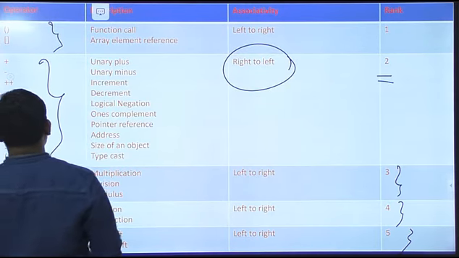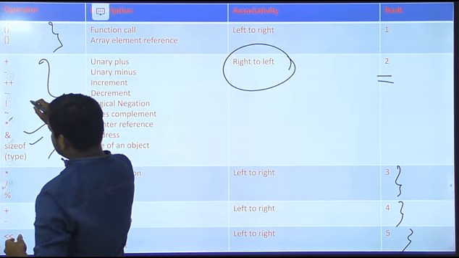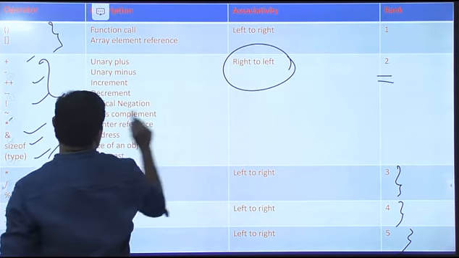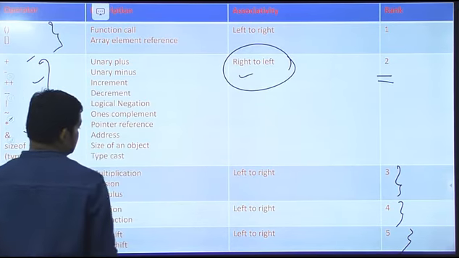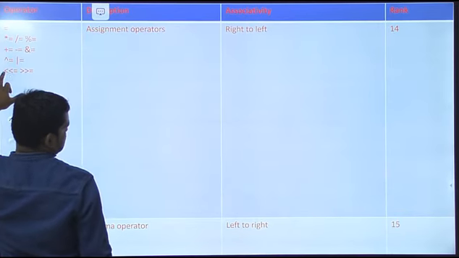Unary operators include the ampersand operator, the not operator, increment, decrement, and sizeof. All of these follow right to left associativity. Remaining operators all follow left to right associativity.